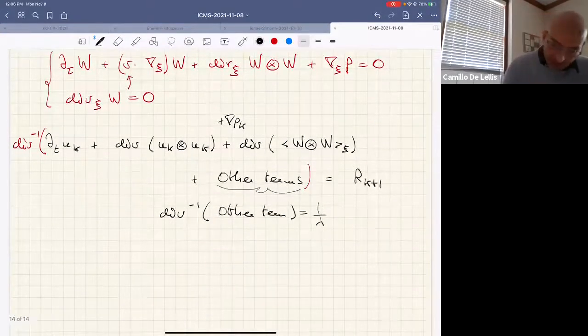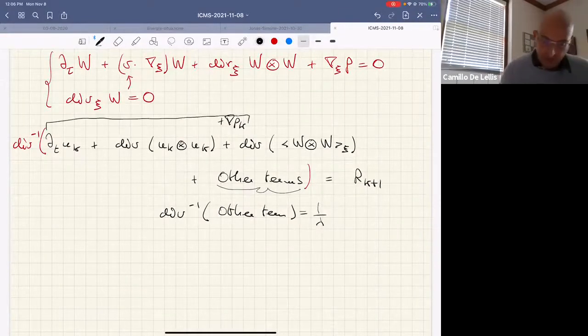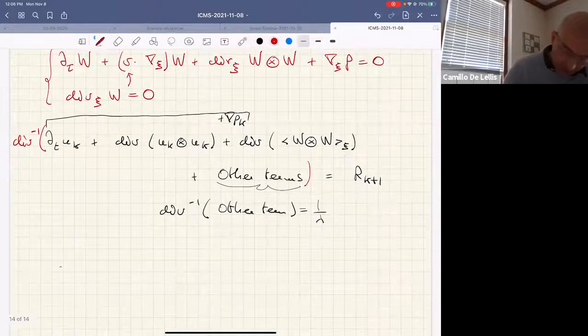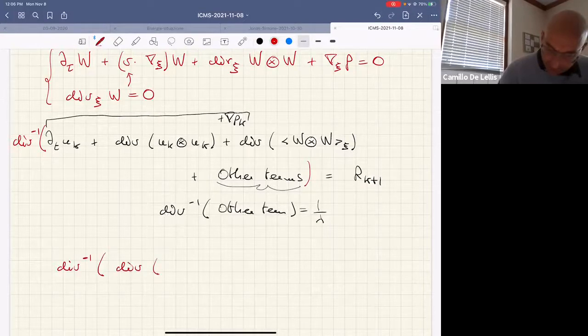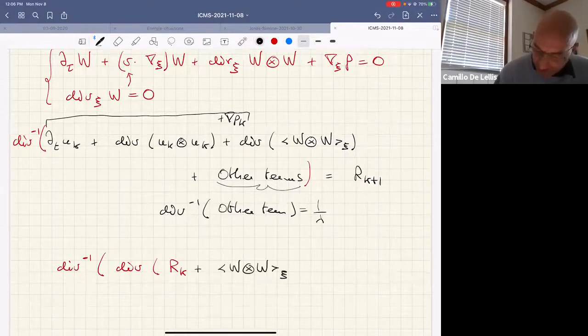Now, what is happening for these things over here? I can use the previous iterate to say that that one is the divergence. So here I'm finishing up by having the divergence to the -1, and then the divergence of the previous iterate, which is RK. And now what I'm going to have over here is W tensor W averaged in psi.